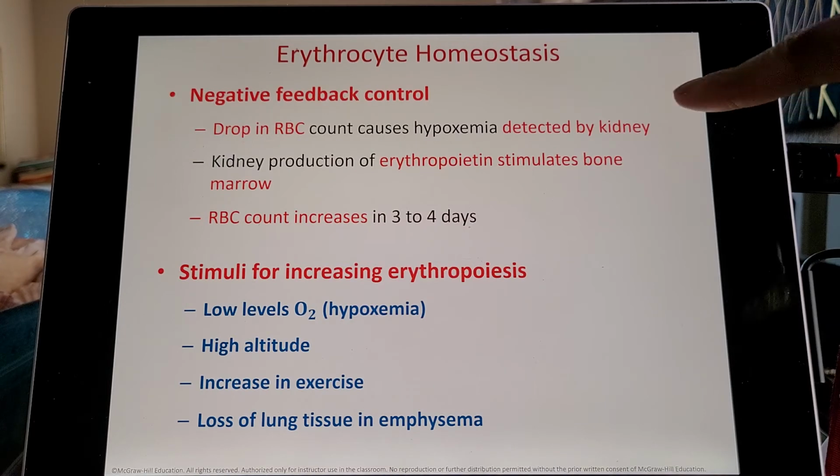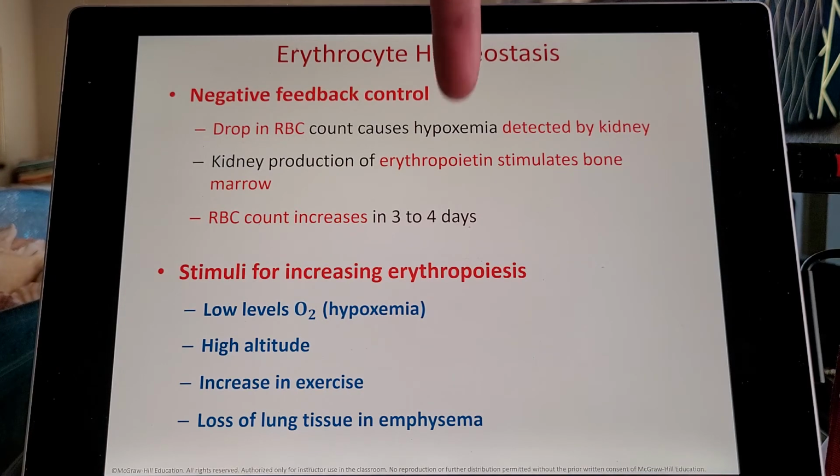That is detected by our kidneys. We'll talk about this in the exam 9 section about the kidneys and how they function. Part of how they function is they continuously filter the blood to make urine. They sense that we don't have enough red blood cells, so they produce a hormone called erythropoietin to stimulate the bone marrow to stimulate red blood cell production.